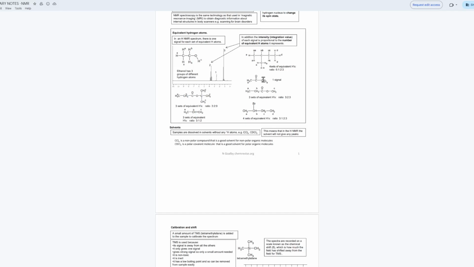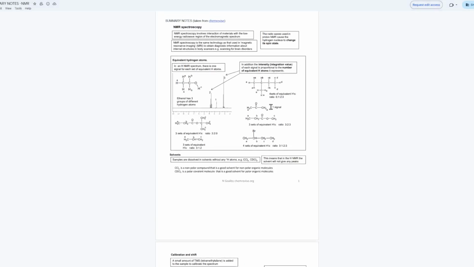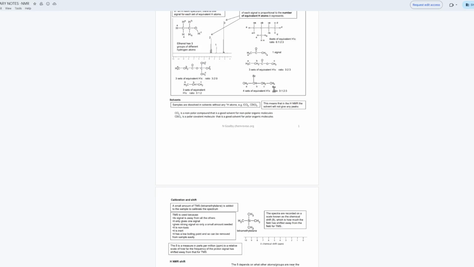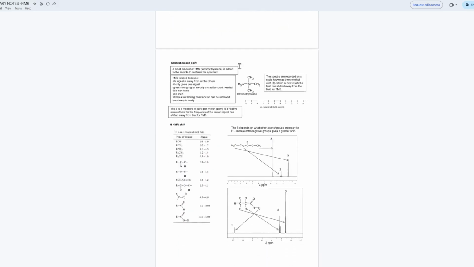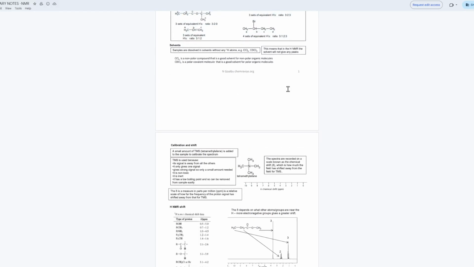So these two have the exact same conditions. These are different because instead of an oxygen being here, it's a CH2 group, so it's not symmetrical. So all three are different. Yeah, and then it carries on through these, and we can get the idea there.